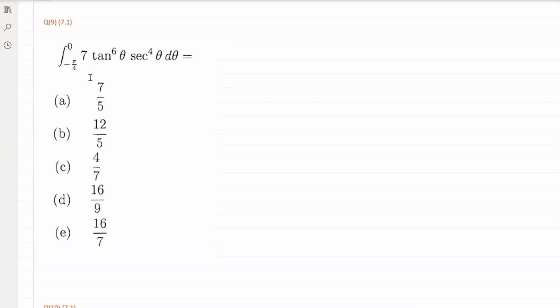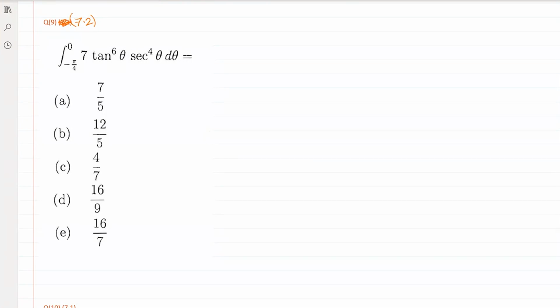Now, in this question, this is in fact section 7.2 again. In this function, guys, I need you to integrate 7 tan power 6 secant power 4. So always when you have something similar between tan and secant, sine and cosine, cotan and cosecant, think about the Pythagorean identity.